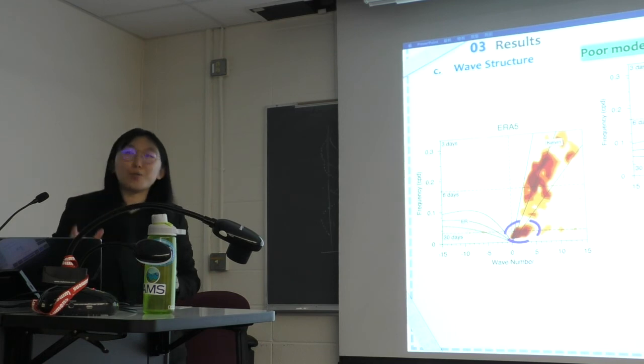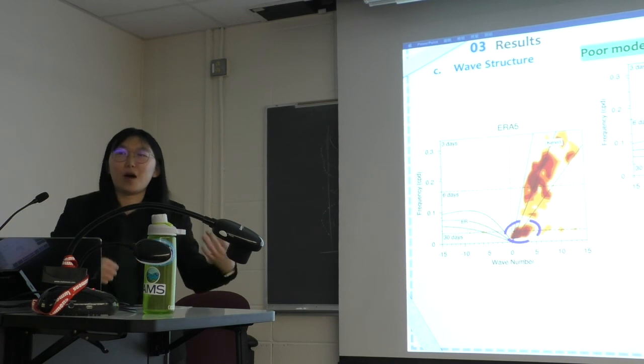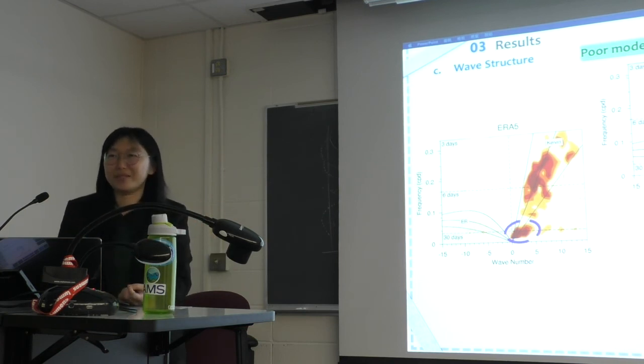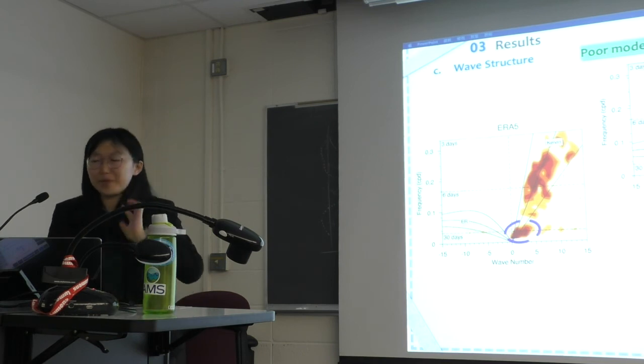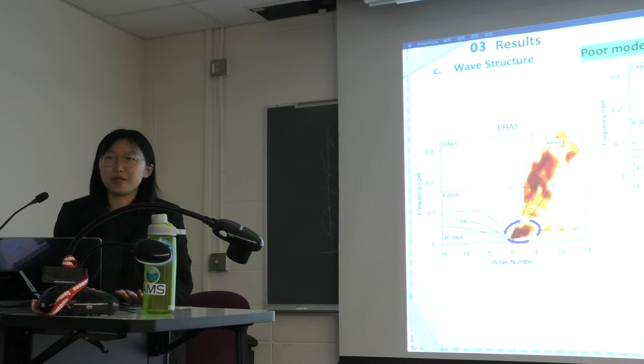But for the model output data, because they need to save this data, they will output the data with a lower resolution. Okay. Yeah. So maybe it will influence, but some professor told me the influence maybe is weaker than the parameterization or other factors.